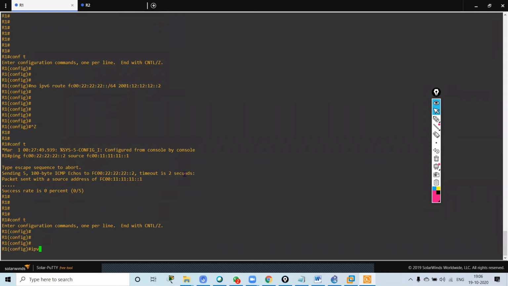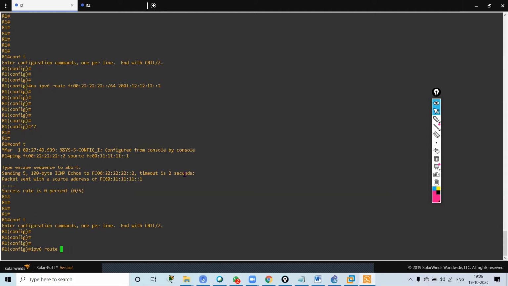IP version 6 route. Now, either I can write it in this way: 0:0:0:0:0, but it is wasting my time.